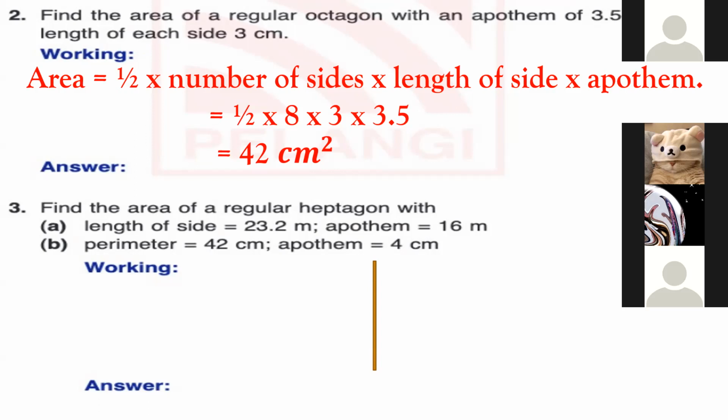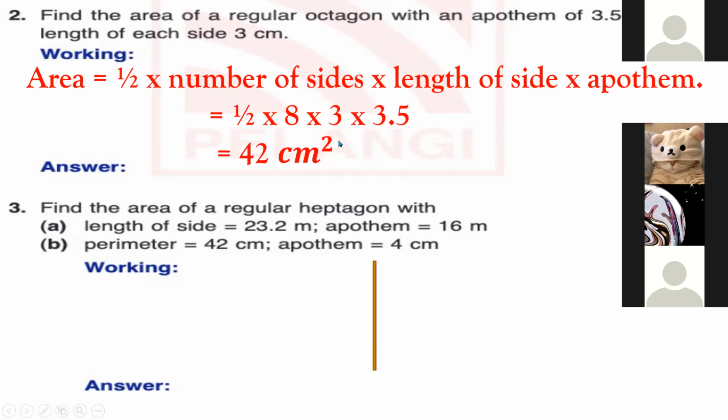So look at the question there. What is the number of sides? Heptagon. How many sides does a heptagon have? 6, 7, or 8? 7. Heptagon, 7, very good. So it is 1/2 multiplied by what? 7.